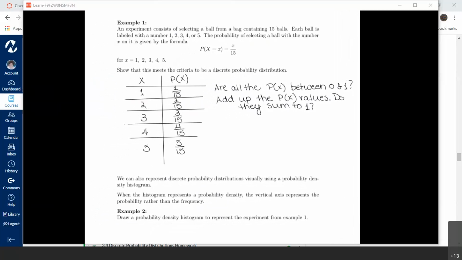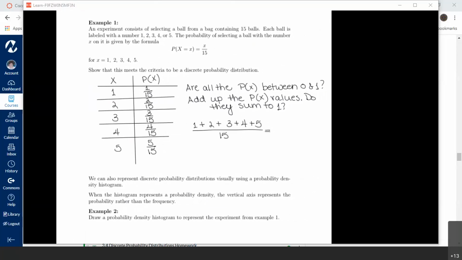Everything has a denominator of 15, so I'm just going to take the numerators and add them. 1 plus 2 is 3, plus another 3 is 6, plus 4 is 10, plus 5 is 15. Okay? So basically, I can say yes, it meets the two criteria.